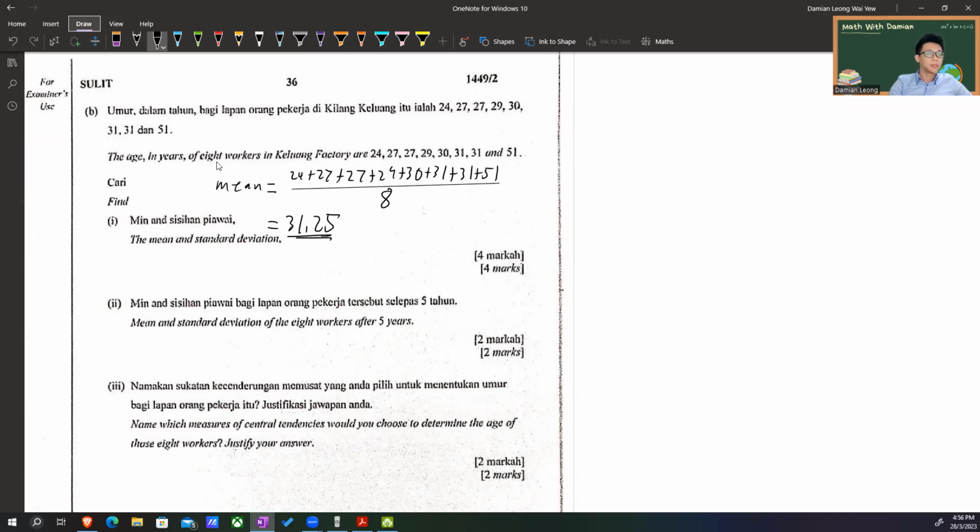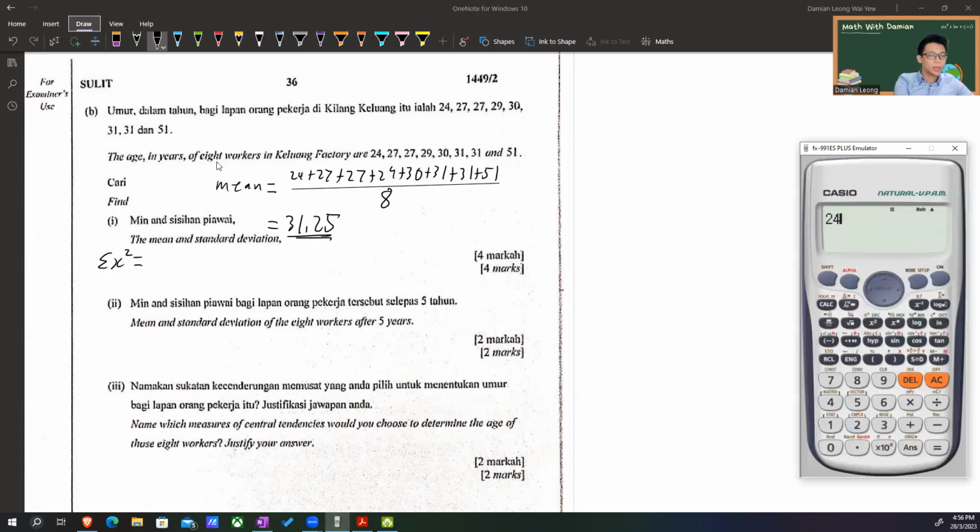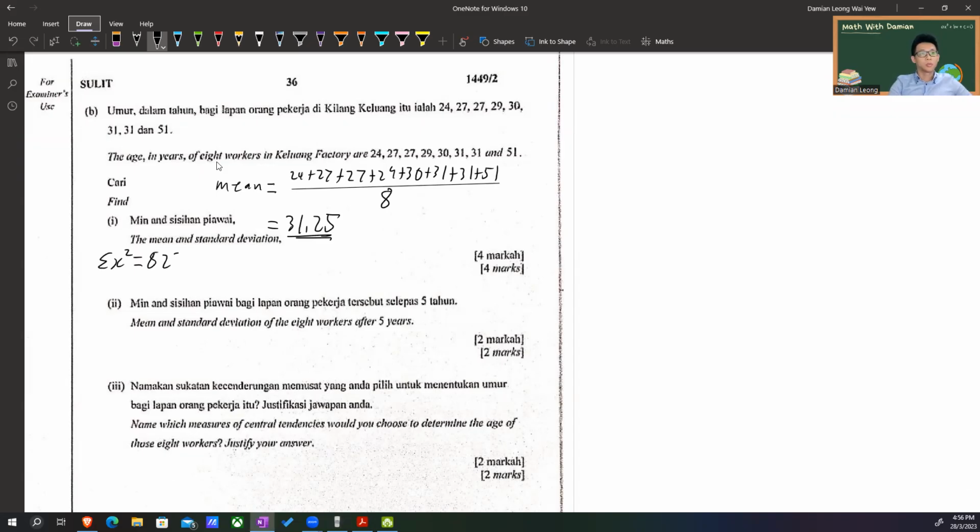Okay. And the standard deviation. For standard deviation, first we find the sum of x square. So each of the values squared. 24 square plus 27 square plus 27 square plus 29 square plus 30 square plus 31 square plus 31 square plus 51 square, that is 8298.